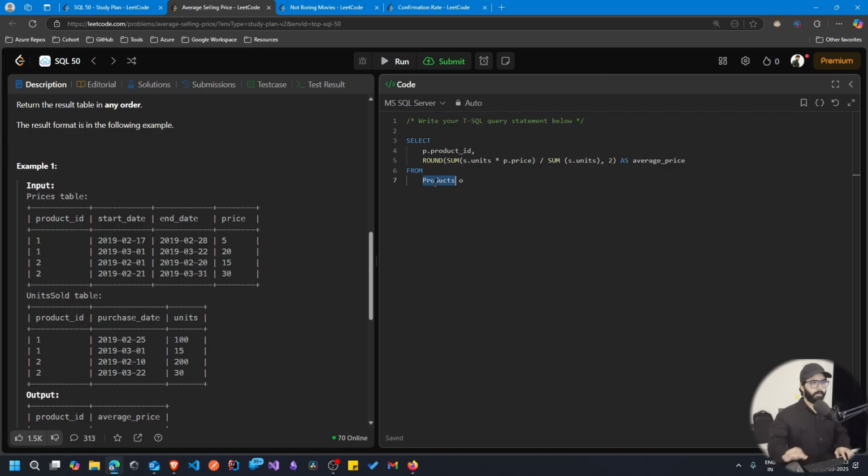Price is not products. Price is given as p and then units sold s on p dot product ID.